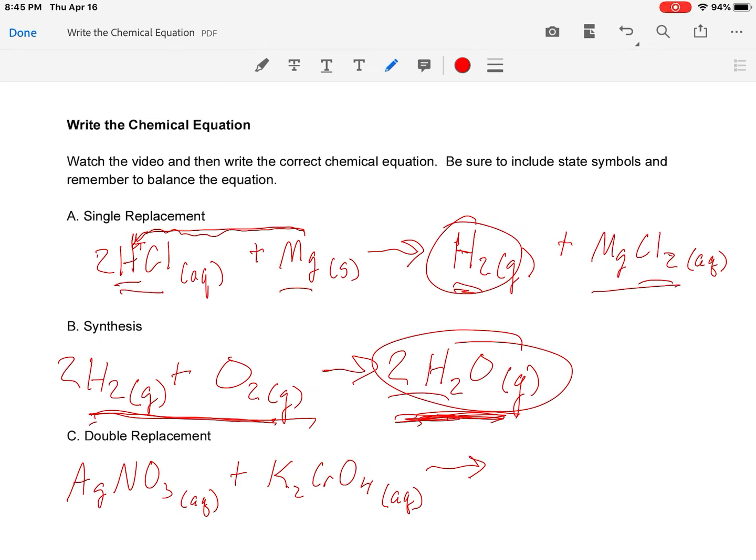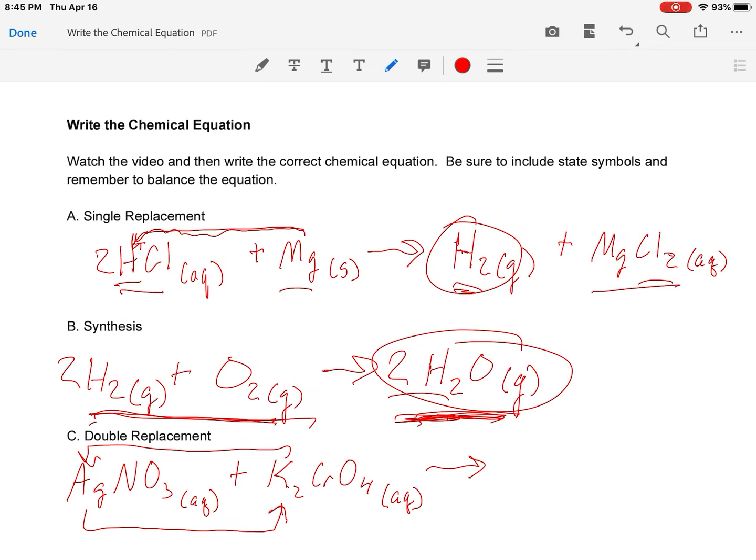So what happens in these double replacement reactions is we've got 2 ionic compounds, and one cation is going to replace a cation in this compound, but at the same time, the cation from this compound is replacing the cation in this compound. So in other words, basically they switch partners. We've got 2 ionic compounds that essentially just switch partners.